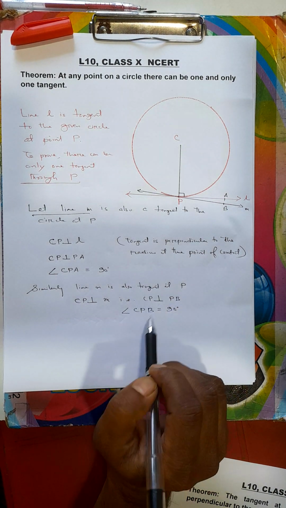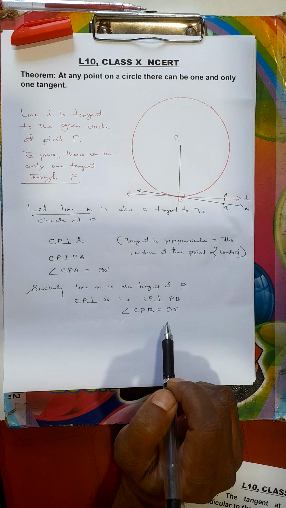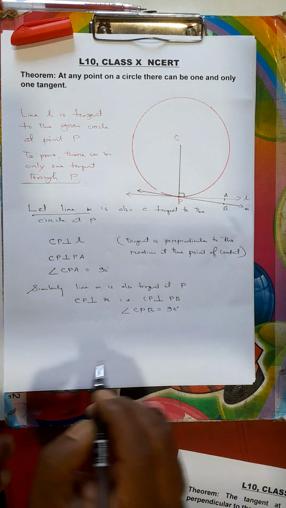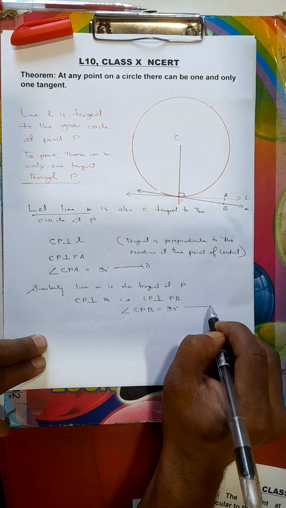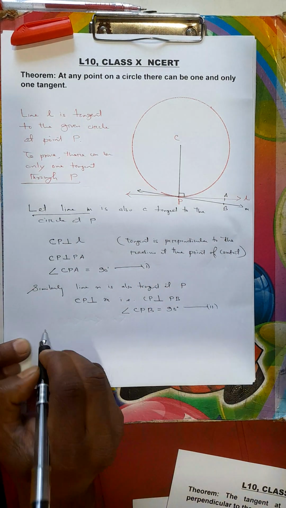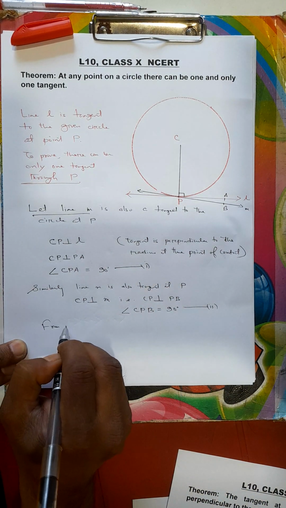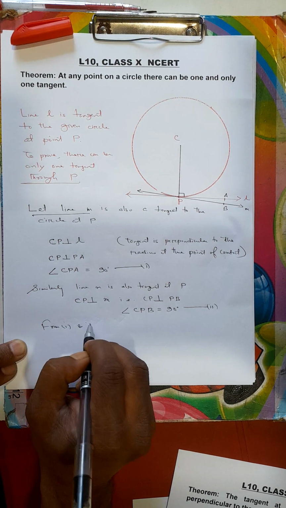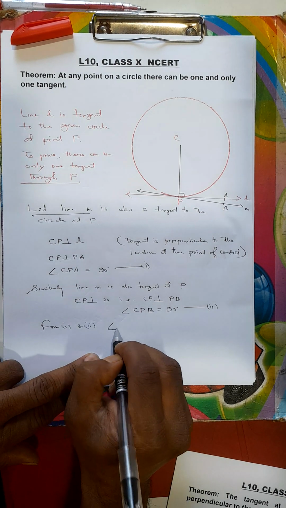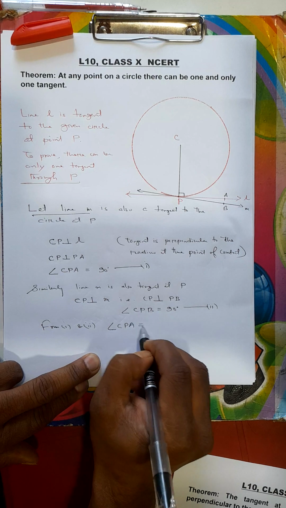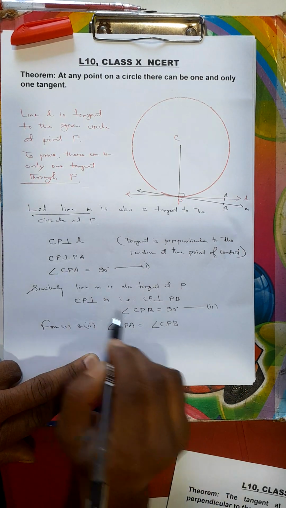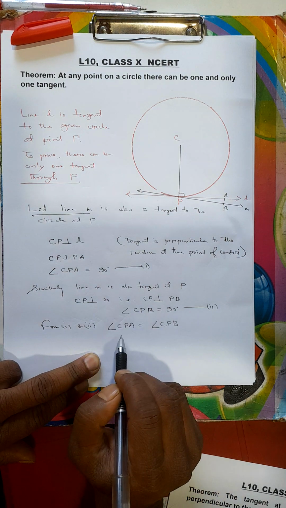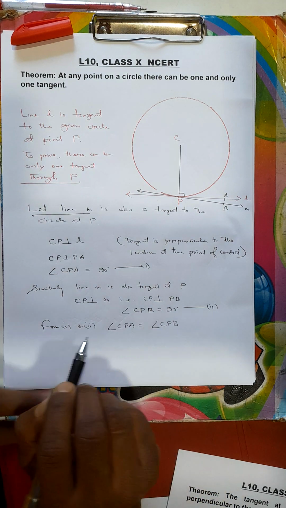Same property. Tangent is perpendicular to the radius at the point of contact. So let's take this as 1 and this as 2, suppose. Now from 1 and 2, you can say angle CPA equals angle CPB, both 90 degrees. So we can compare them, CPA equals CPB.